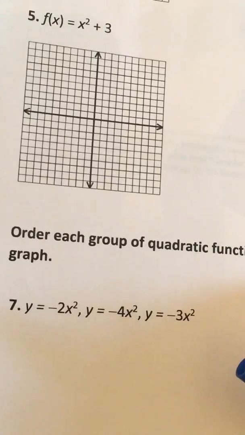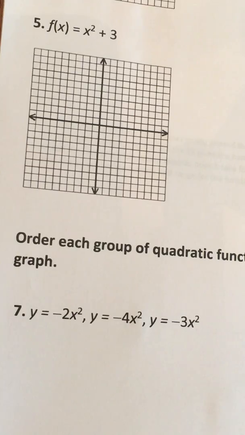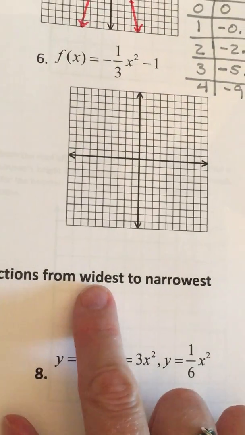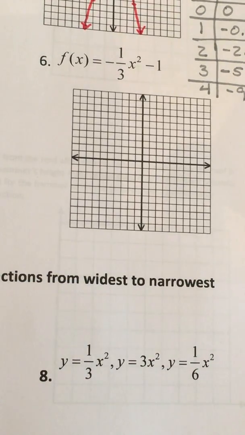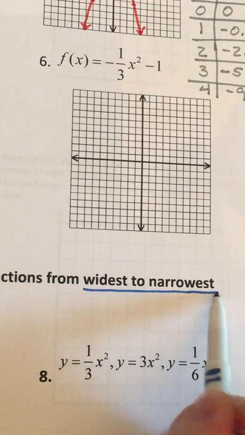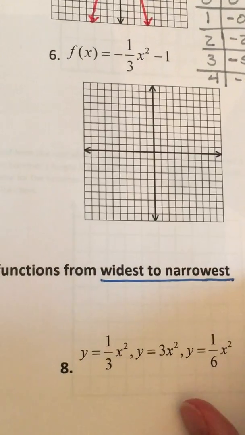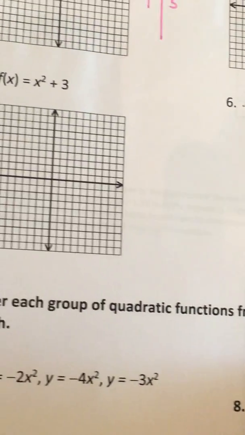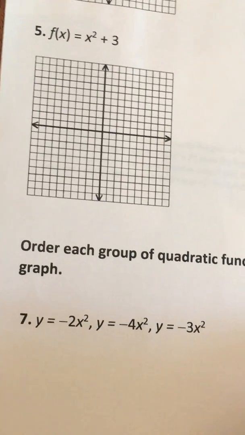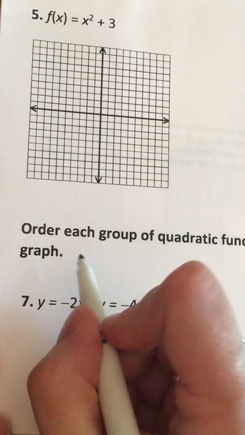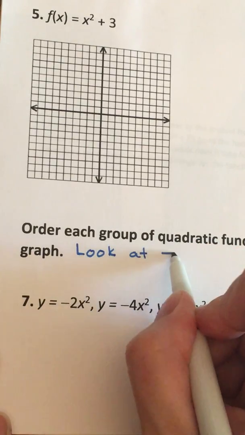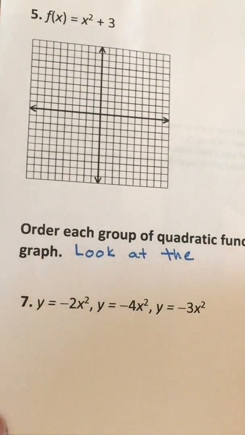Okay, let's look at problem number 7. In this problem, we're going to order each group of quadratic functions from the widest to the most narrow. So in order to do that, we just need a simple understanding of what is going on. So here, the rule is, look at the A value.